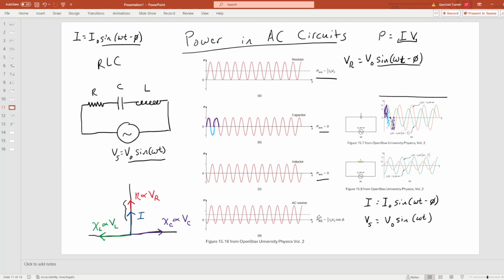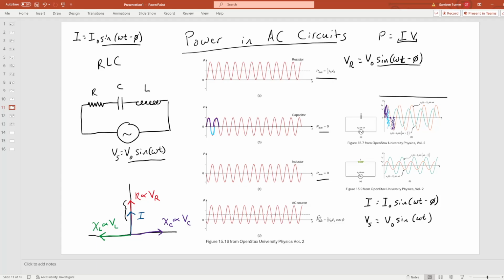Your capacitor and your inductor, the voltages and the currents are constantly shifting direction with respect to one another. And so sometimes their products are positive, sometimes their products are negative. So again, what this means is that energy is being put into these systems.